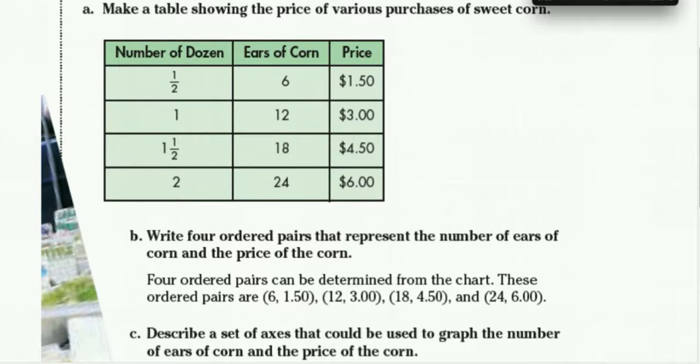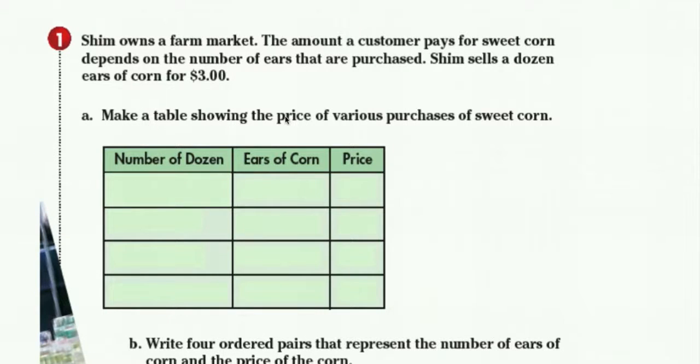Example 1. Shim owns a farm market. The amount the customer pays for sweet corn depends on the number of ears that are purchased. So in this case, the price is dependent on the number of ears.